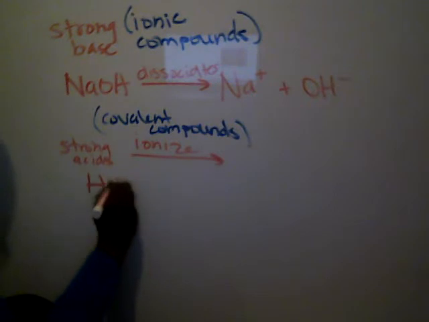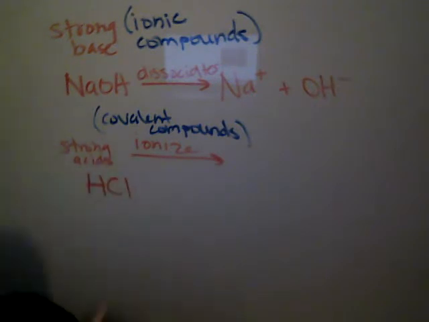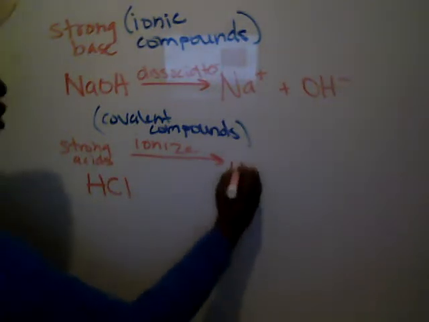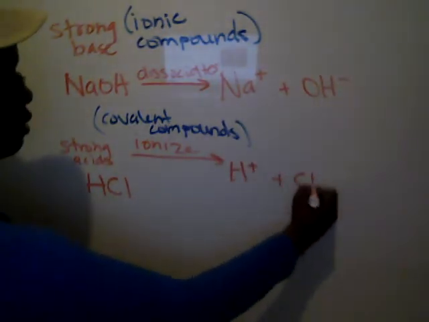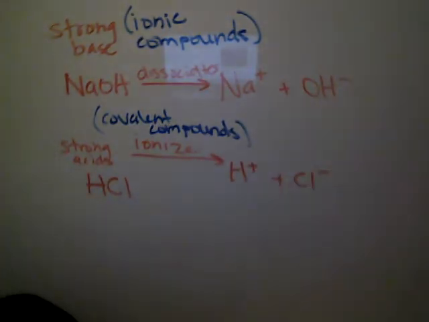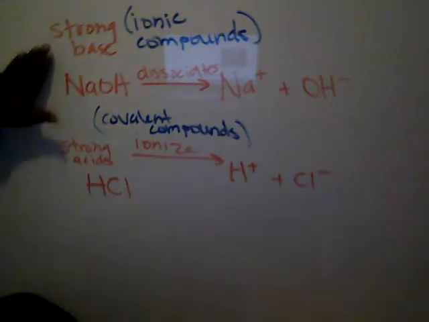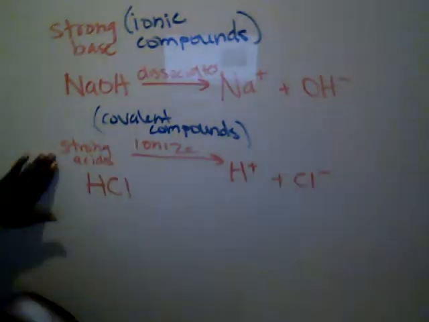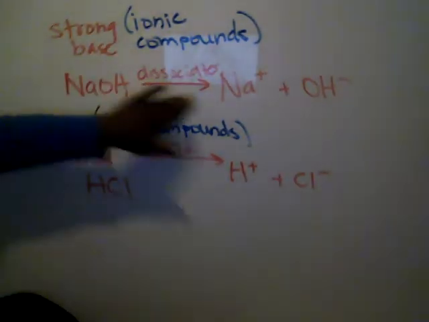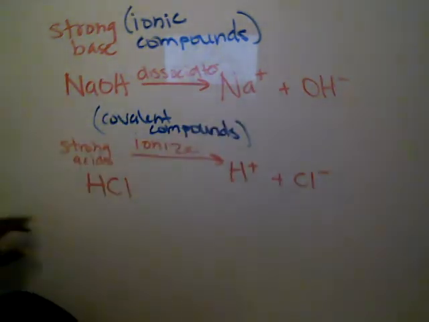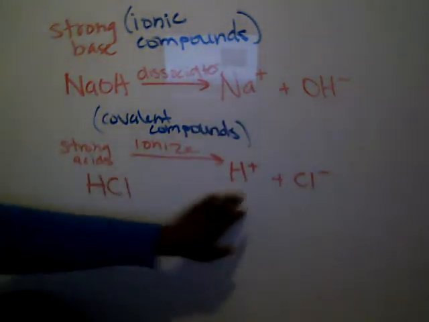So if we take something like HCl, which was from that list of 6 strong acids, that's going to completely ionize or break apart into just hydrogen and chlorine. Okay? So only strong bases and strong acids completely separate. Strong bases can dissociate or break apart into their pieces, and strong acids can ionize into their pieces.